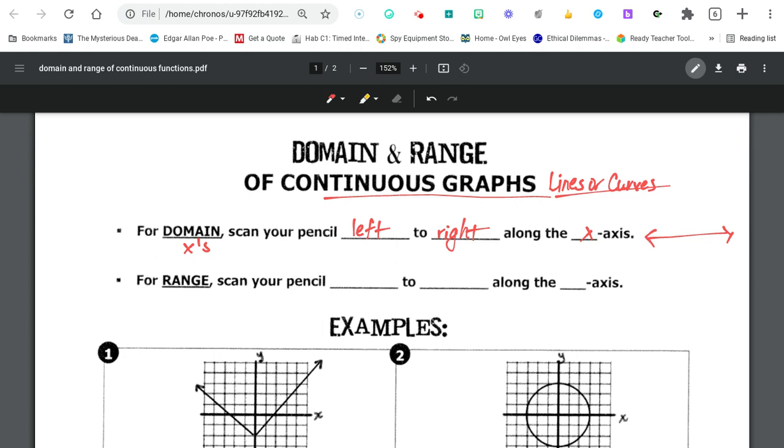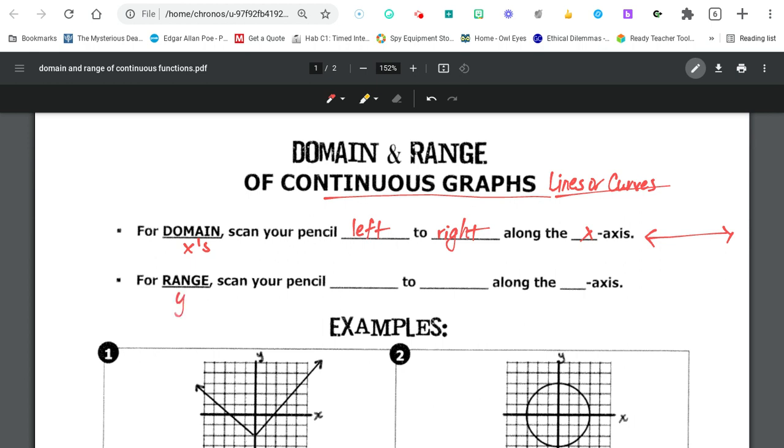Okay? So you tell me what's the farthest to the left that your graph goes? What's the farthest to your right that your graph goes? And when you put your domain in range, more than likely it's going to be some range of values. Like it's going to be in between some range of values. But we'll talk about that.